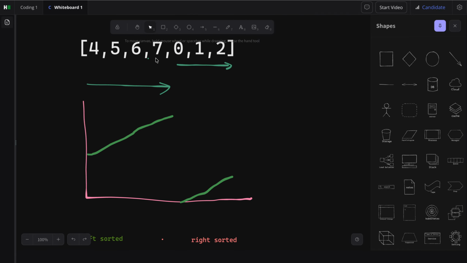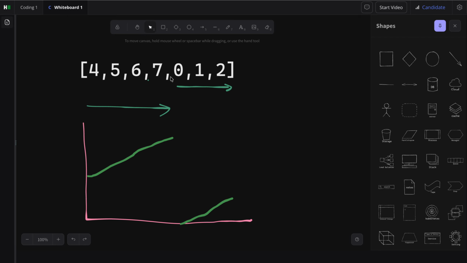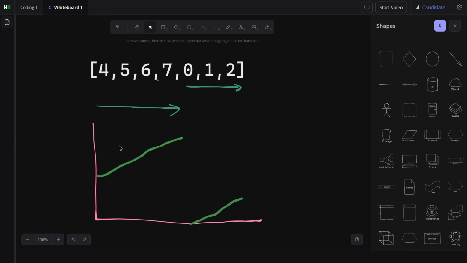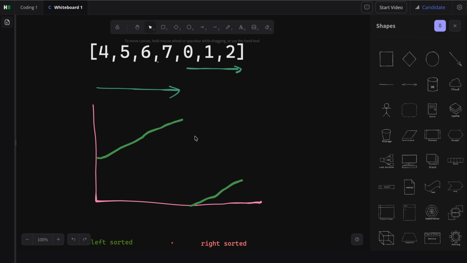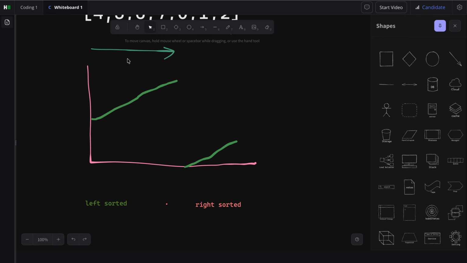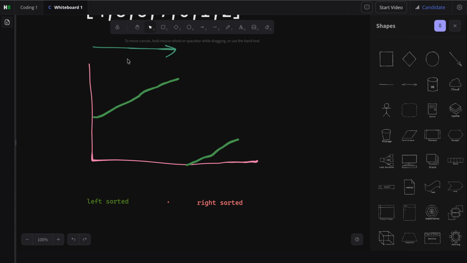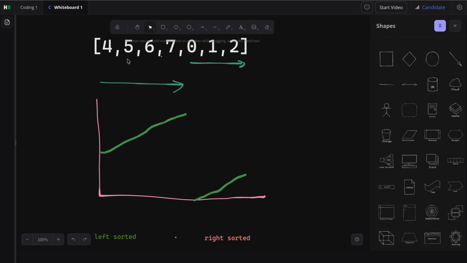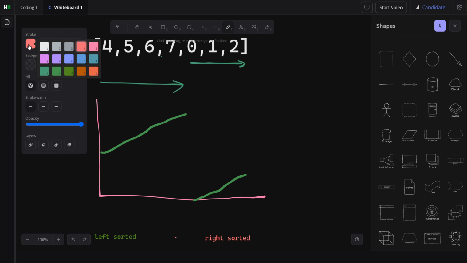The reason I don't know is that it's not necessarily the case that this right sorted could begin conveniently in the right half of this list. It could have just been 7, 0, 1, 2 from the very beginning, and so it could have been in the left half. But 7, 0, I guess it's still right sorted. Okay, so I'm cheating a little bit here because this is what LeetCode mentioned.